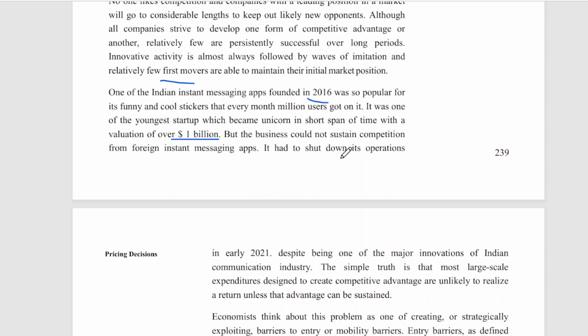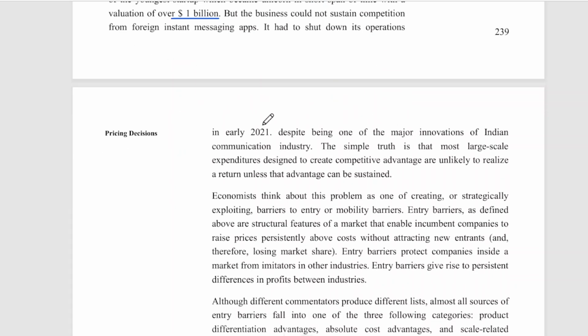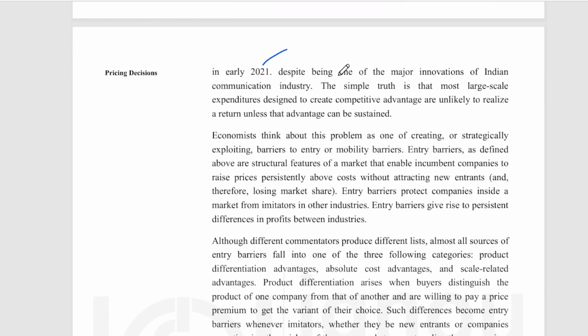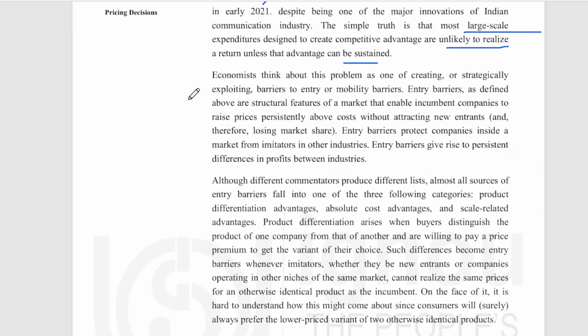It had to shut down its operations in early 2021. Despite being one of the major innovations of the Indian communication industry, the simple truth is that most large scale expenditures designed to create competitive advantage are unlikely to realize a return unless the advantage can be sustained. Okay, so that is the reason.